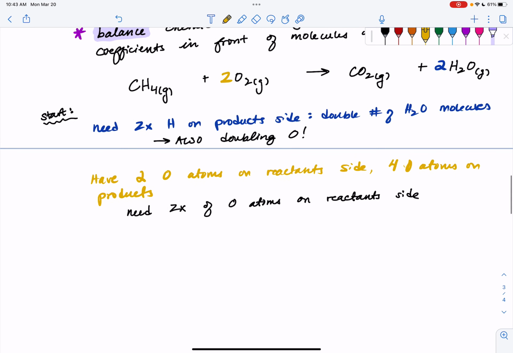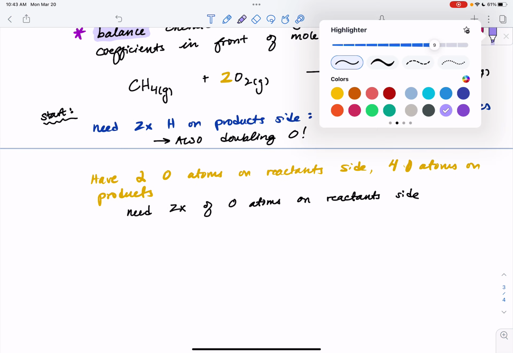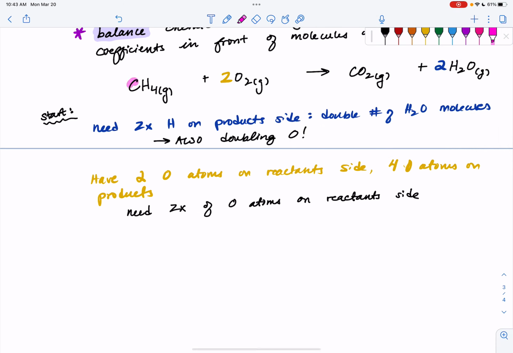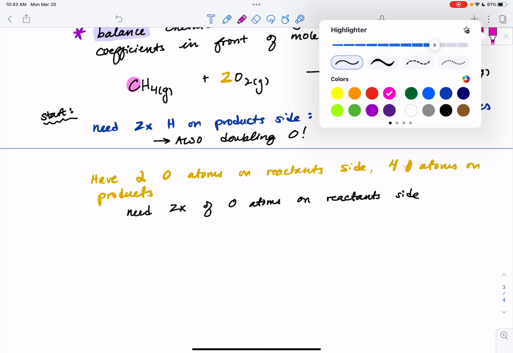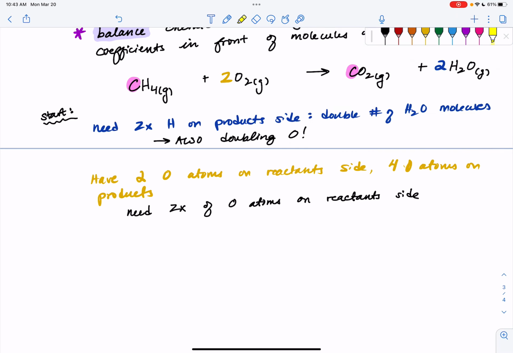And let's go back and count again. So my carbon, 1 on the reactants and 1 on the products. My oxygen, I now have 4 on my reactants and 1, 2, 3, 4 on my products.